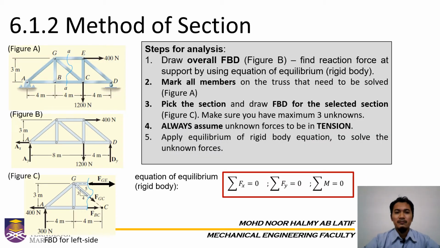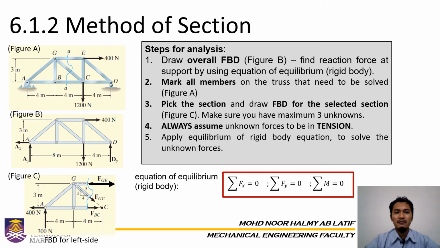The steps for analysis in the method of section: first thing is to draw the overall free body diagram as in figure B to find the reaction force at the support by using the equations of equilibrium of a rigid body.